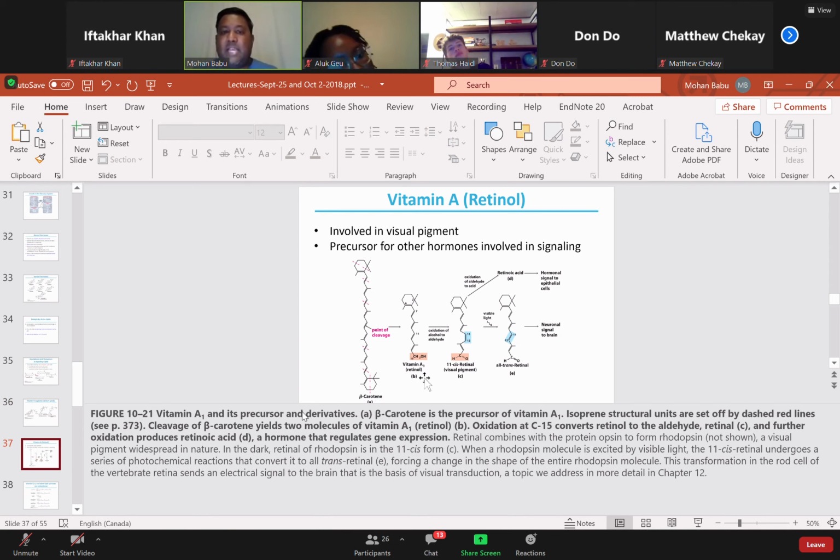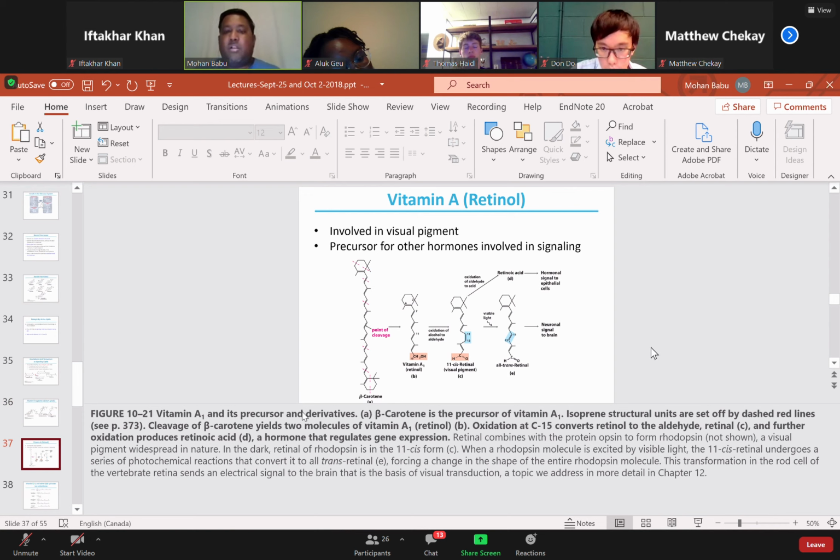Upon oxidation, the alcohol is converted to aldehyde, and that forms retinal. You also have retinoic acid, upon oxidation of aldehyde to acid. So one step is alcohol to aldehyde, another is aldehyde to acid. That's retinoic acid, the hormone important for gene expression.